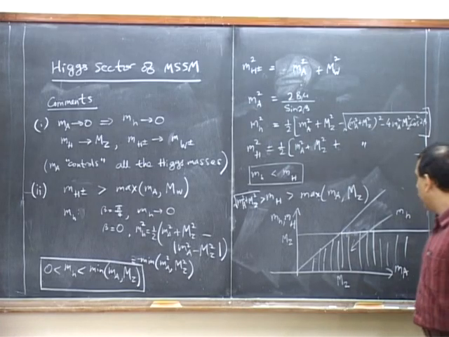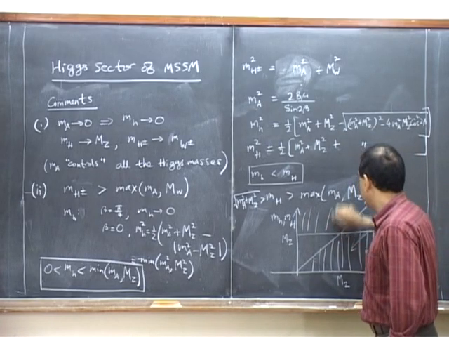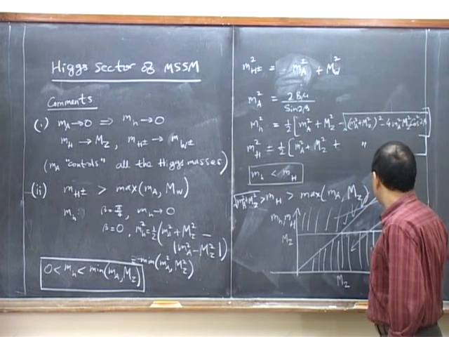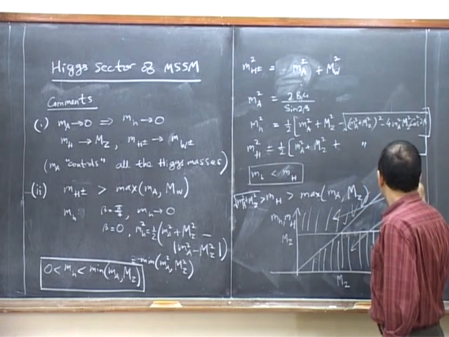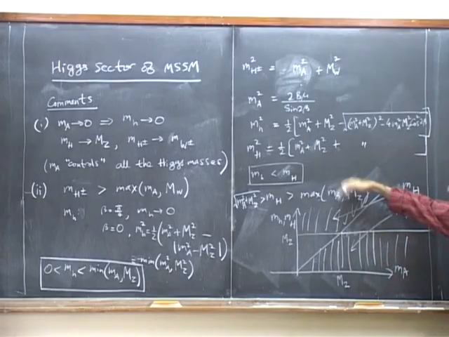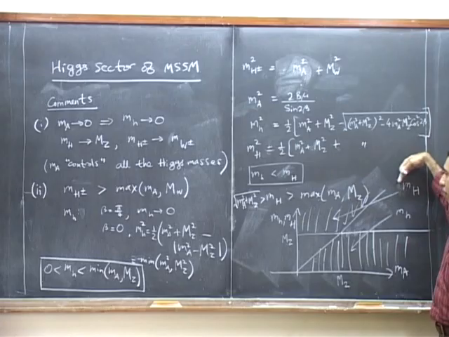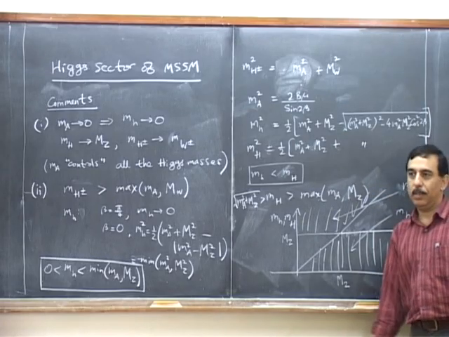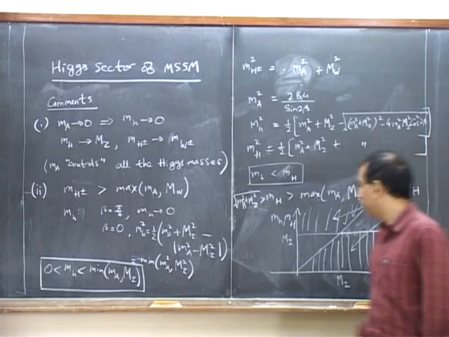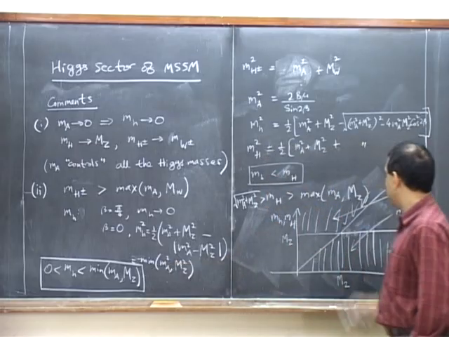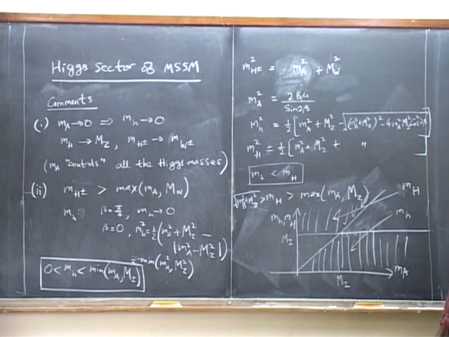And likewise, sort of mirror image, capital H lives inside this region. It's bounded below by MZ, but when MA becomes larger, then it's bounded below by MA. Both of them follow from this bound and this bound. Okay, so are these pictures clear?